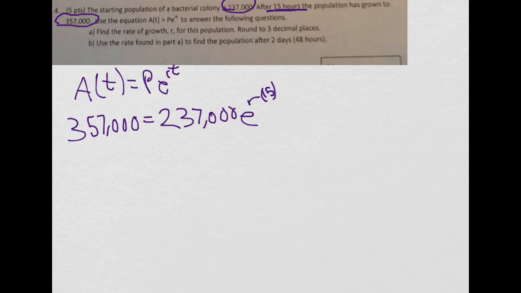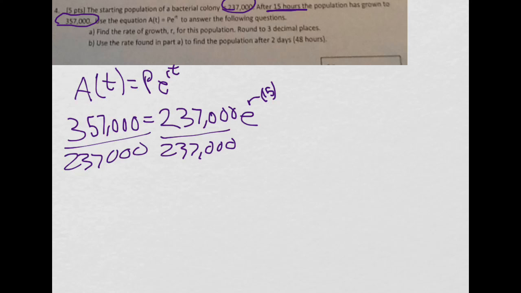We want to get that e to the r times 15 by itself. So right now we have 237,000 times that e to the r15. But we want just that e to the r15, so we got to get rid of that 237,000. Since it's being multiplied, we will have to divide both sides by 237,000.